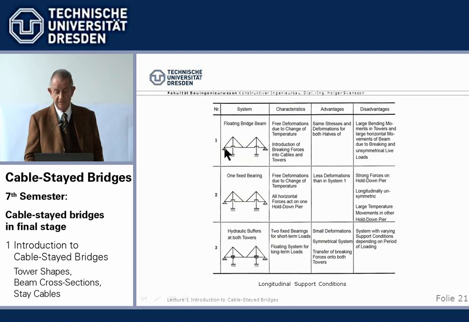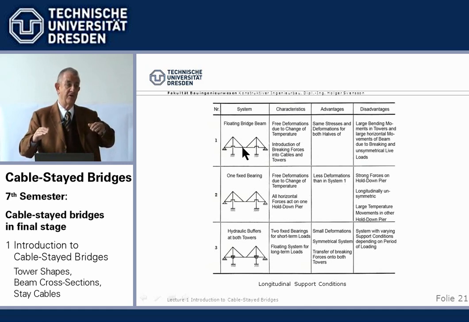There are various ways. We can make it tight here, then we have a lot of movement here. We can try to fix it to one tower, then all the force goes into one tower. We can try to hang it to two towers elastically. Then the braking force is evenly distributed.